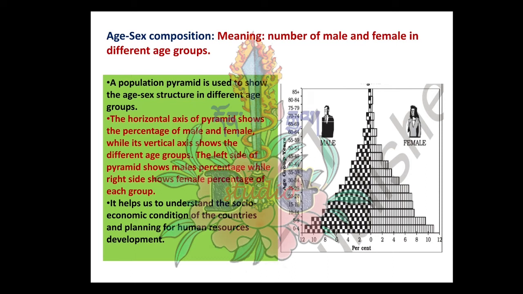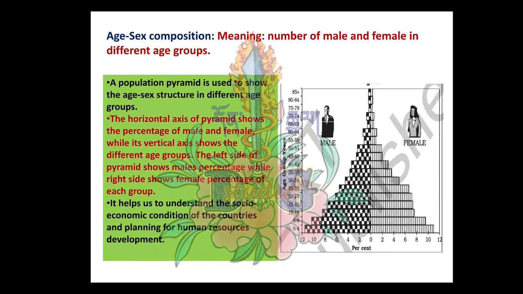First we are going to learn how we are going to study the age sex composition with the help of the diagram. First, we are going to explain how to study the age sex composition with the help of a pyramid. On the horizontal axis, that means the x-axis, we have the percentage of female and male in the population group.